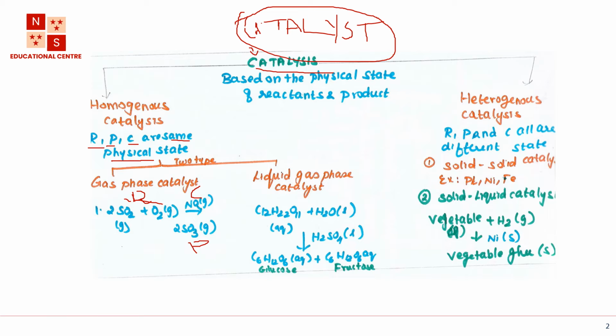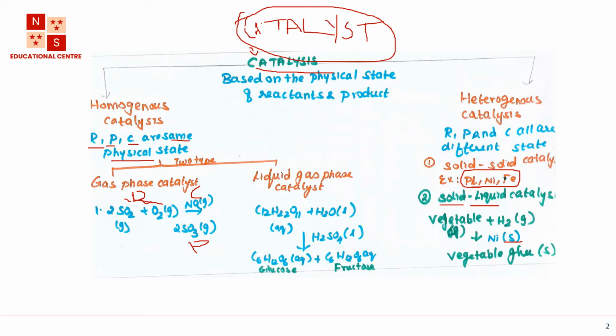Okay. Next, if you take the heterogeneous catalyst, the reactant, product, and catalyst will all be in different states. If you take a solid catalyst like platinum, nickel, iron, all are used for the normal reaction. So the catalyst will be in solid state, and the reactant in liquid state.